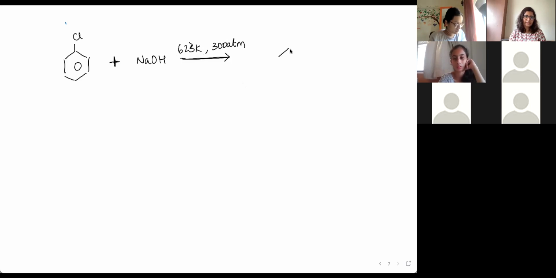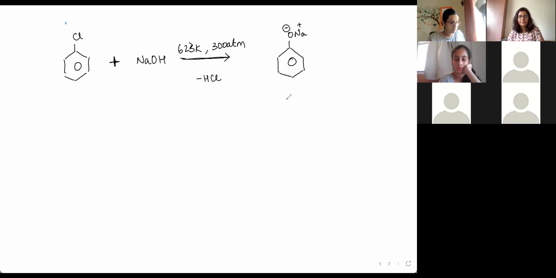Under these conditions, HCl is lost, giving sodium phenoxide. And when you treat it, HCl exists as H plus and Cl minus, right?